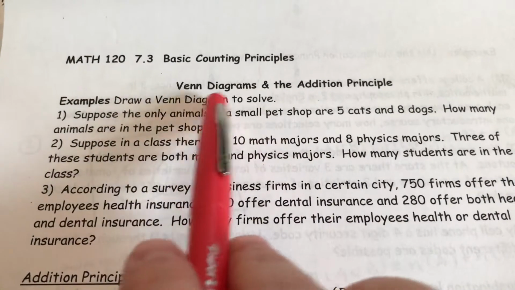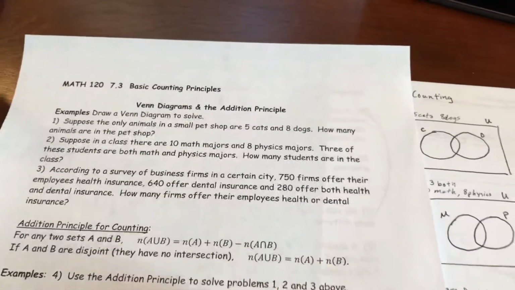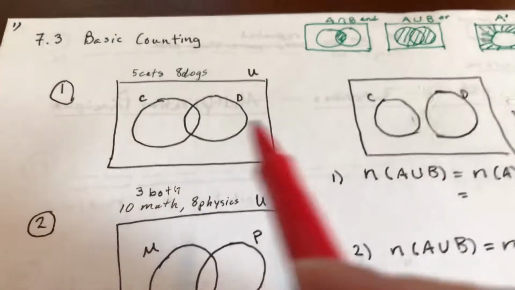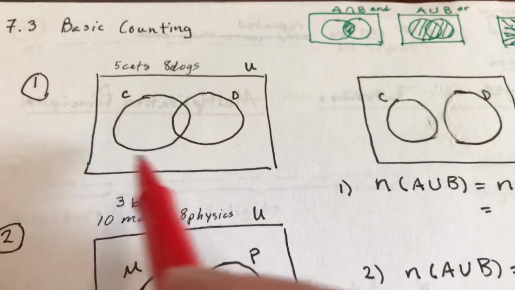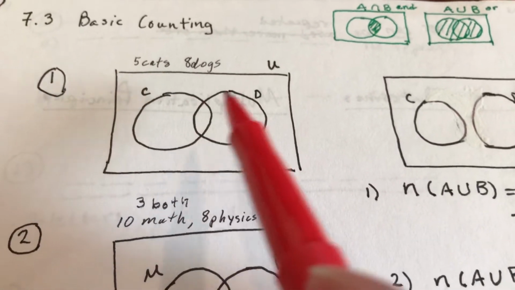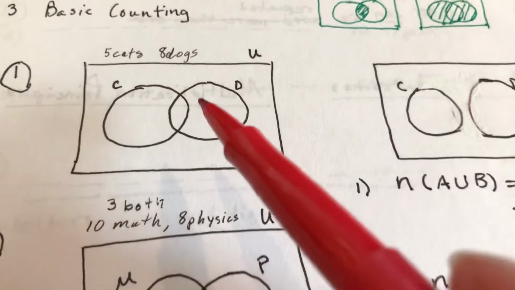I'm going to put it in a Venn diagram first. So I've already gotten this prepared. And I have created a rectangle which represents the universal set, C for cats, D for dogs. And you always start in the middle.